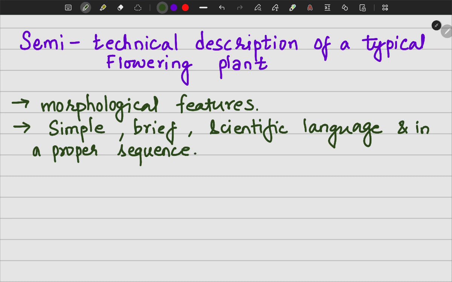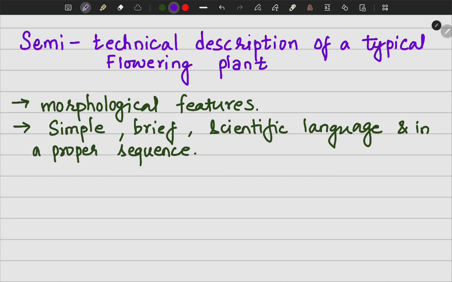All right. So, first of all, there's a proper order in which the morphological features of a plant are described. The description has to be brief, simple, using scientific language, and it has to be in a proper sequence.